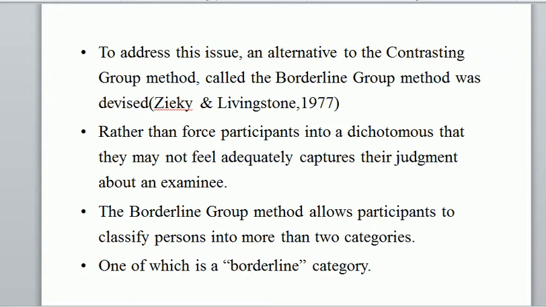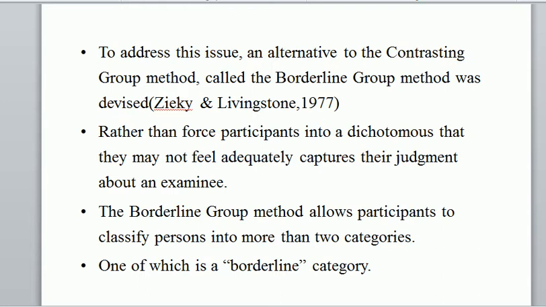To address this issue, an alternative to the contrasting group method called the borderline group method was devised, Zieky and Livingston, 1977. Rather than force participants into a dichotomy that they may not feel adequately captures their judgment about an examinee.